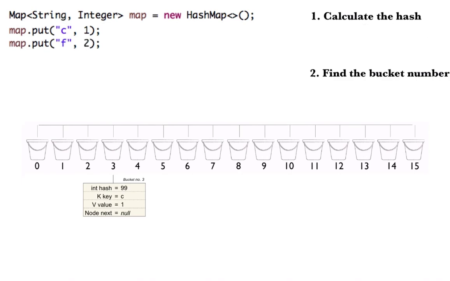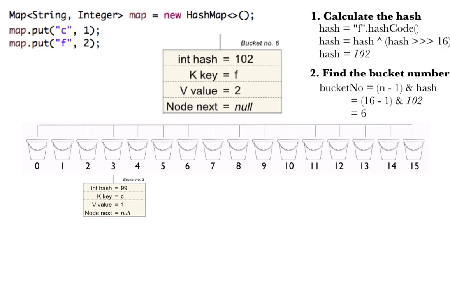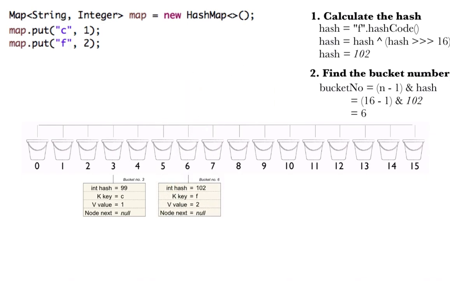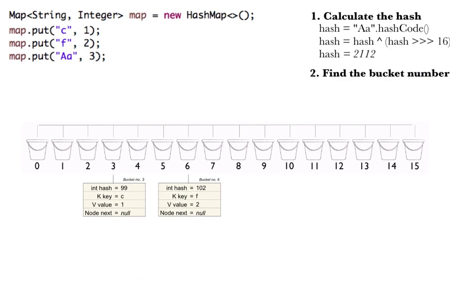Similarly, for the second put operation, map.put f,2, the hash code for f is 102, and so the bucket number will be 16 minus 1 ampersand 102 equals to 6. So this will go in 7th bucket. For our third put operation, map.put aa,3, the string aa will have hash code as 2112 and bucket number will be 16 minus 1 ampersand 2112 equals to 0.